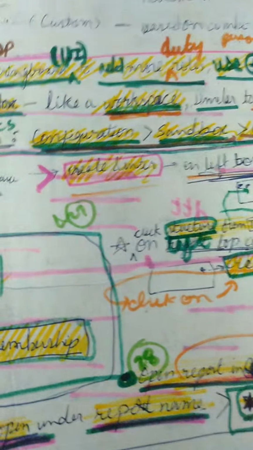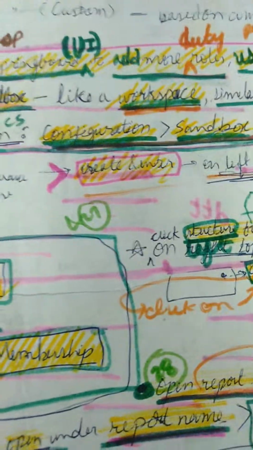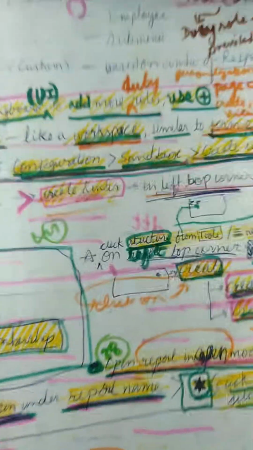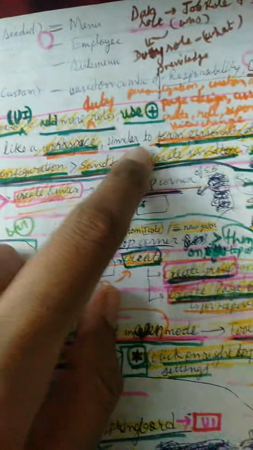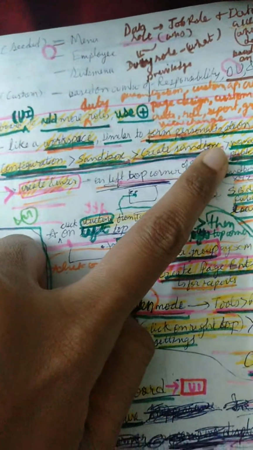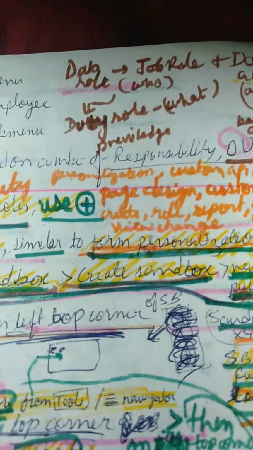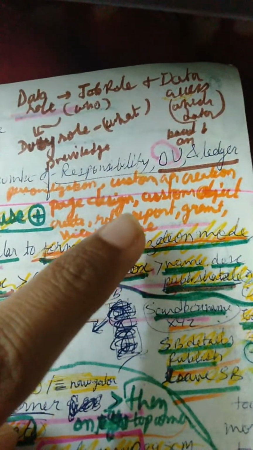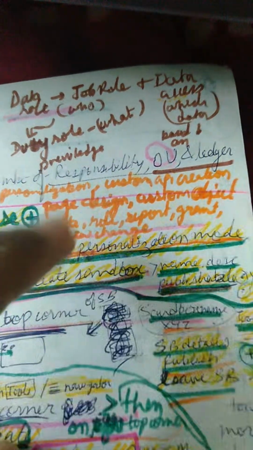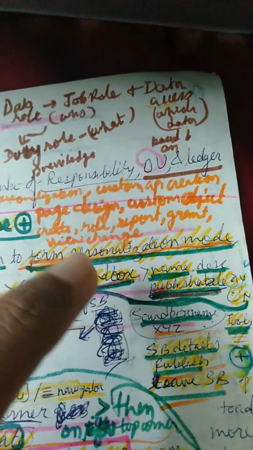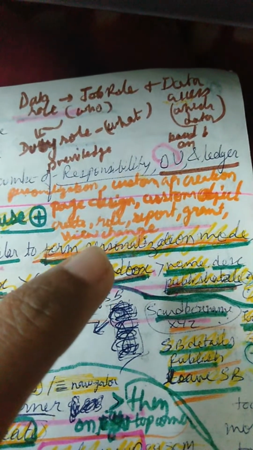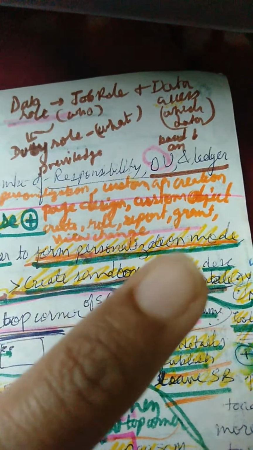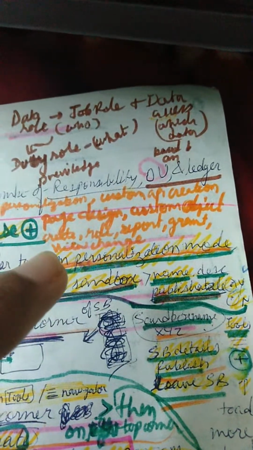Sandbox is nothing but a workspace, very similar to form personalization mode. How to do it? It's used for different purposes like personalization, custom API creation, page design, custom object creation, roles, reports, grants, view changes, and so on.